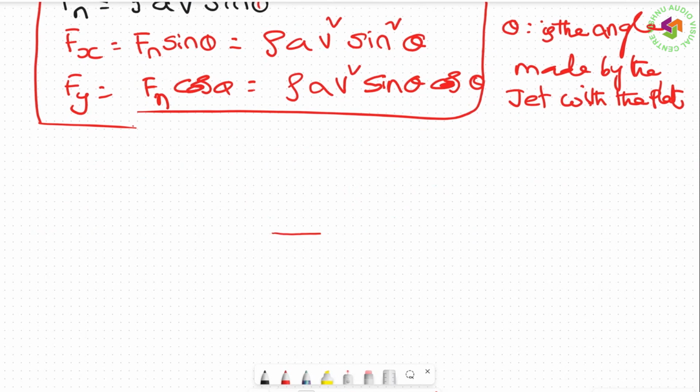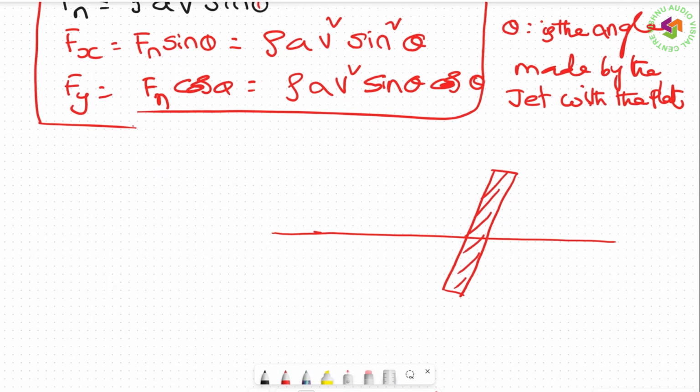Suppose this is the horizontal line, this is how the jet comes, and this is the plate kept in an inclined position. This is how the velocity goes, and the plate is fixed actually. So now what will happen? This angle is called theta.